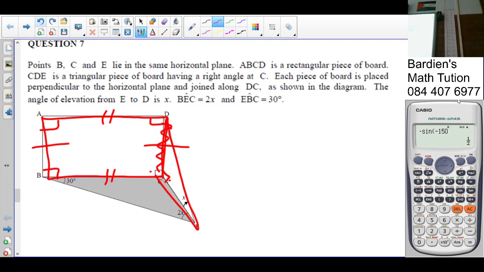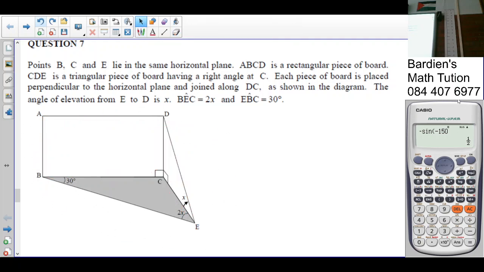The question says the angle of elevation of E to D is x. So this angle here is x. Right? And BEC is 2x.